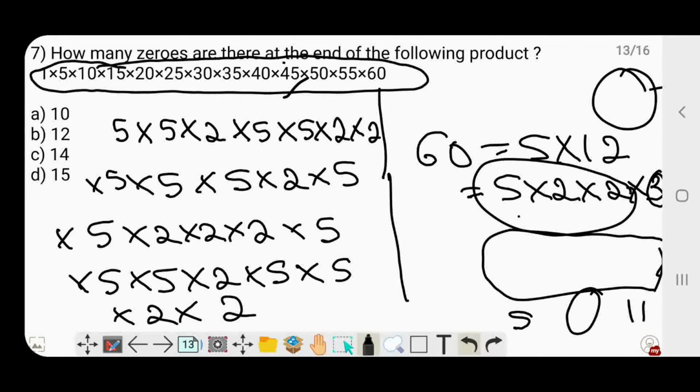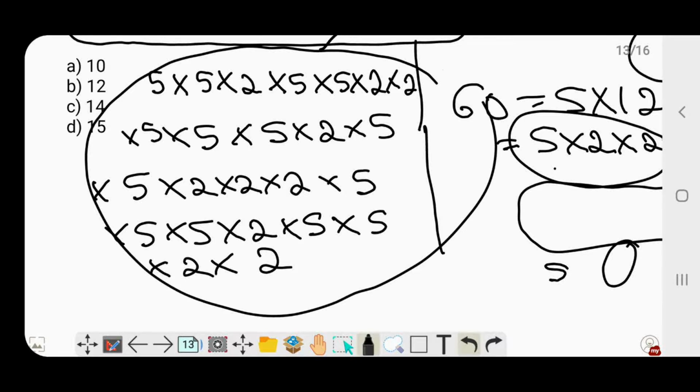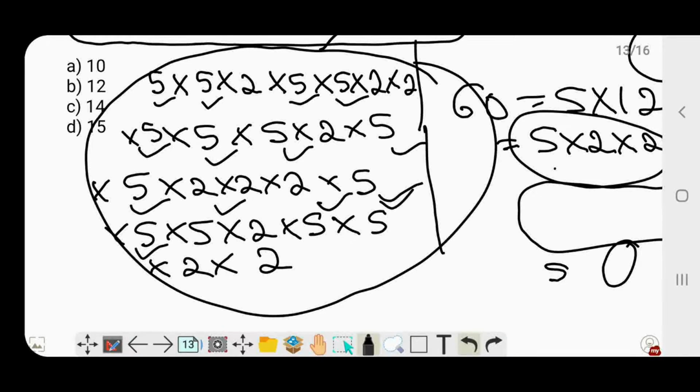Now comes the crucial part where I have to count the number of 5's and 2's in this whole thing. So let me count that manually. 1, second 5, third, fourth, 5, 6, 7, 8, 9, 10, 11, 12, 13 and 14.